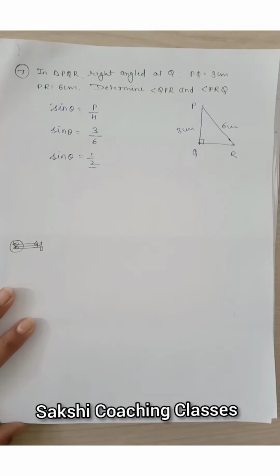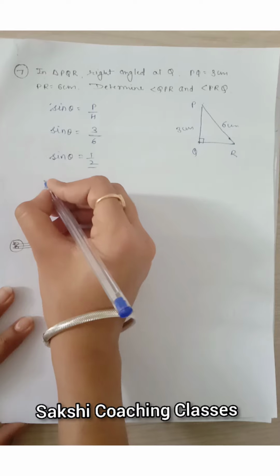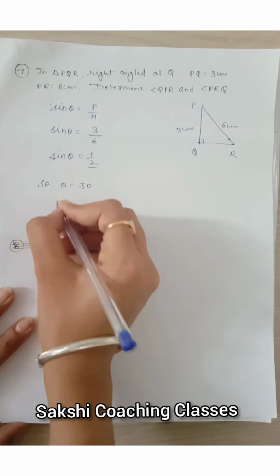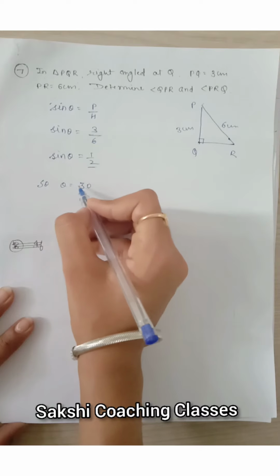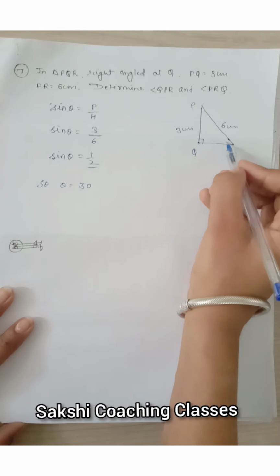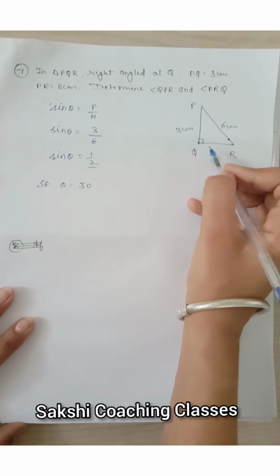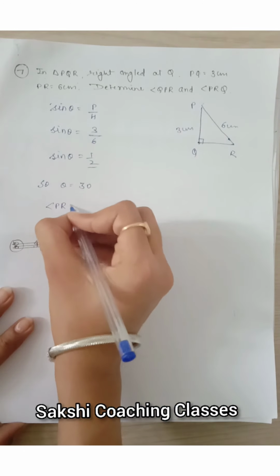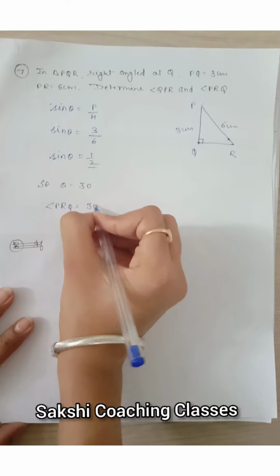You know that from the table, it is 30. So theta is equal to 30. Clear? Here we are considering this as the perpendicular and this as the base. So PRQ is equal to 30 degree.